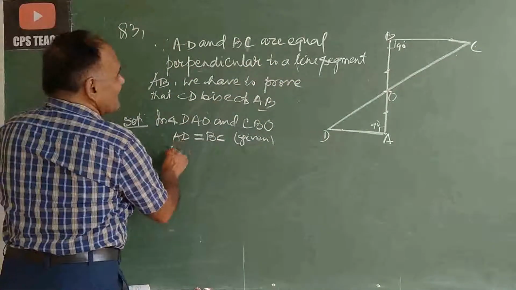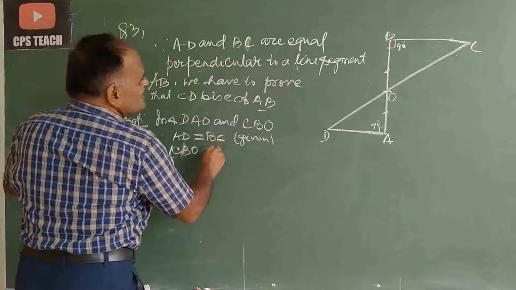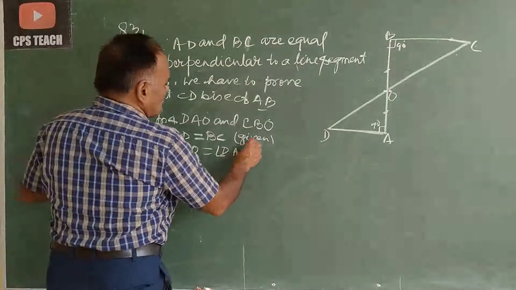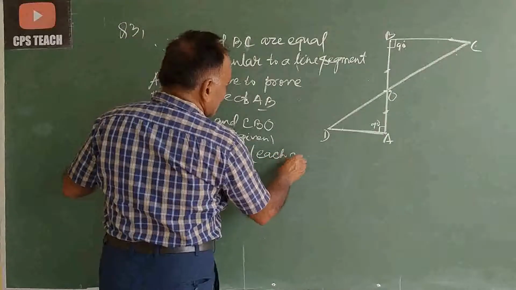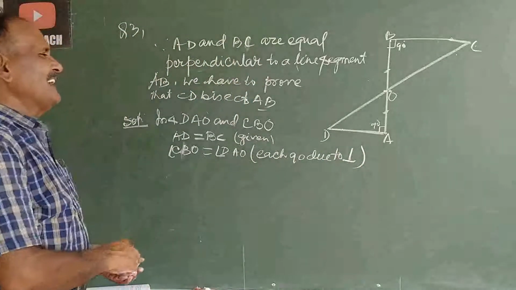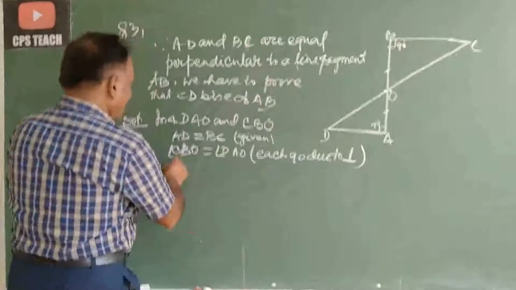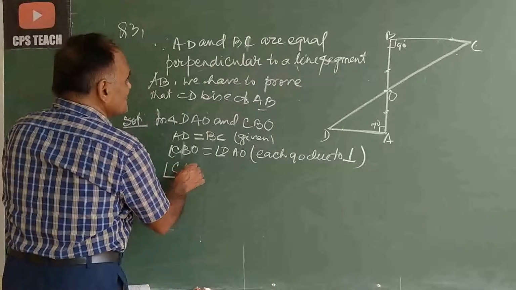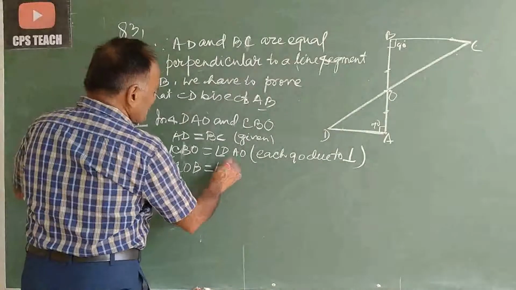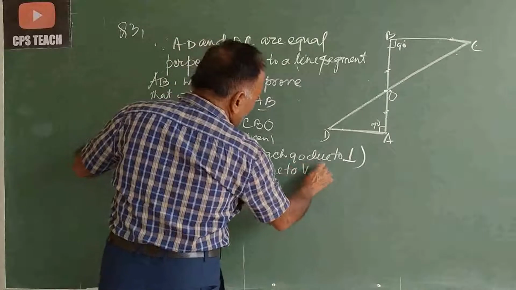And next, angle CBO is equal to angle BAO, each 90 degrees, due to perpendicular. And angle COB is equal to angle DOA. This is due to vertically opposite angles.